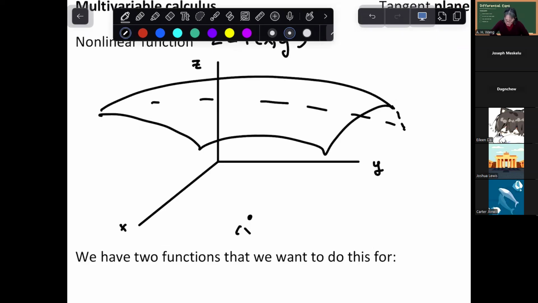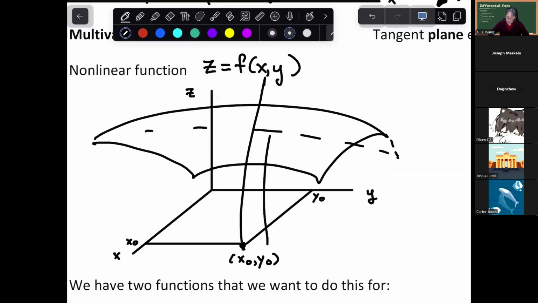And then let's pick a special point. We're going to say this is x naught, y naught. So what's x naught, y naught? Well, here is the x naught, and here is the y naught right here. You plug it in to the formula, and you get a point right here.